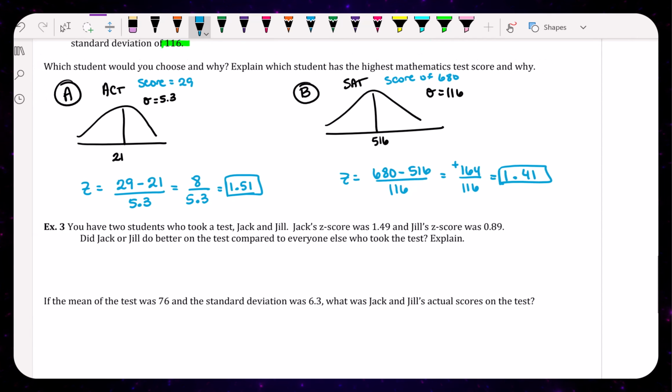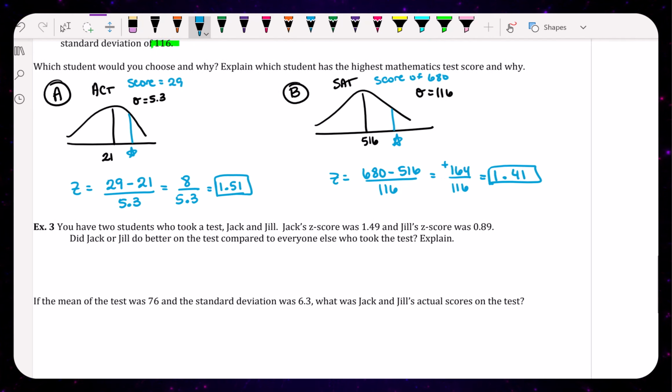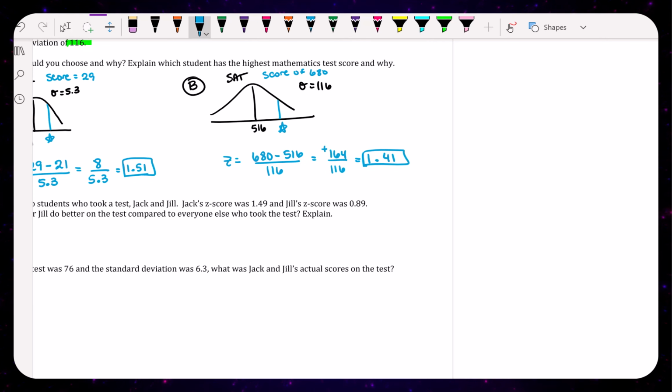So they are both clearly above right here. So they have a good score, but which one is better? Okay. Now that I have a standardized normal distribution, remember the standardized one, the mean is 0. Where's the ACT score? So the ACT is 1.51, but the SAT is a little bit less than that.